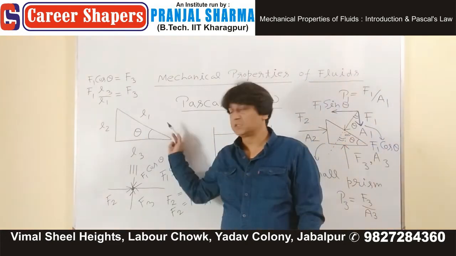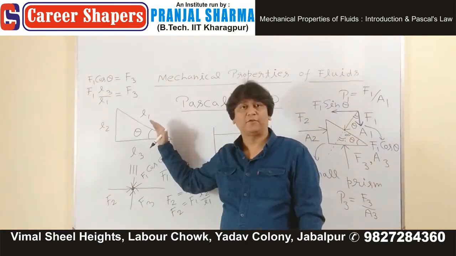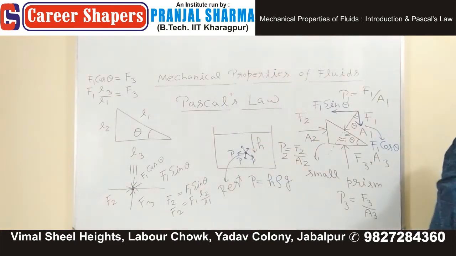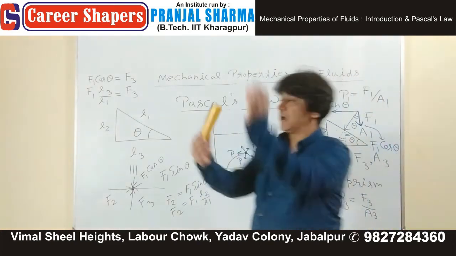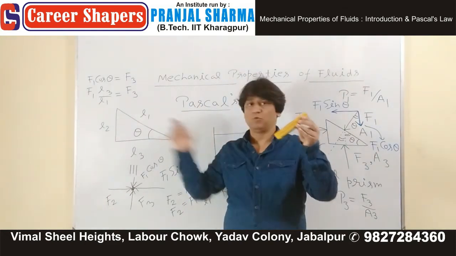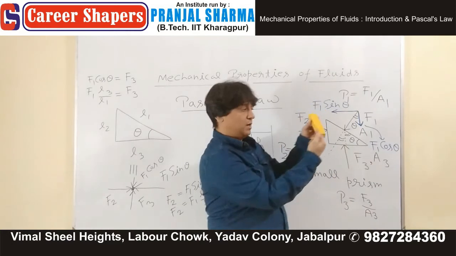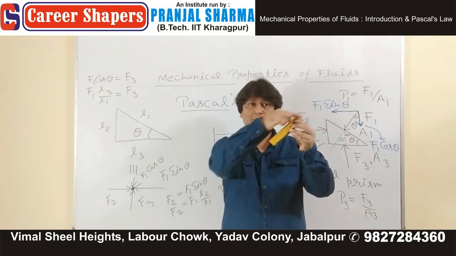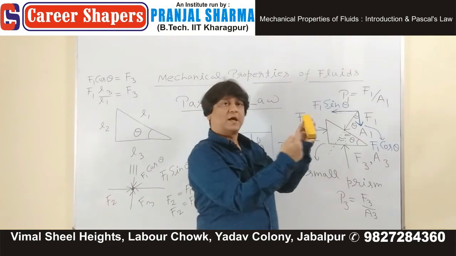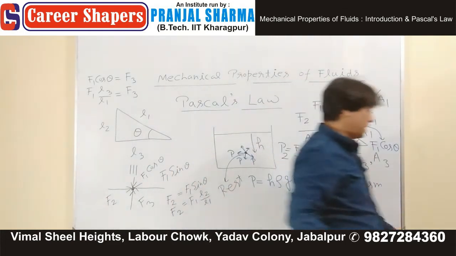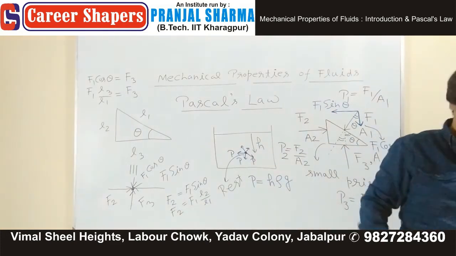Now, suppose this prism has a depth of x. Depth of x means this. The face which you are looking at, this side is L1, but the depth part, this, let's say is x. This is L, this is x. How much is the area? L into x. And that will be for all three.